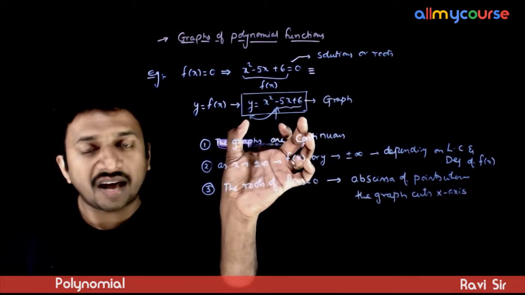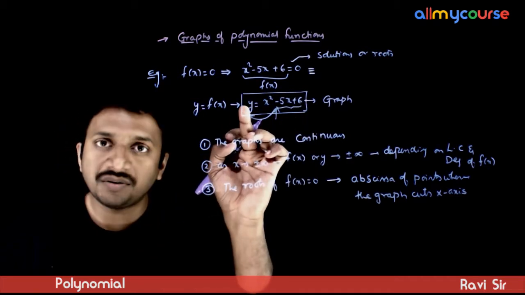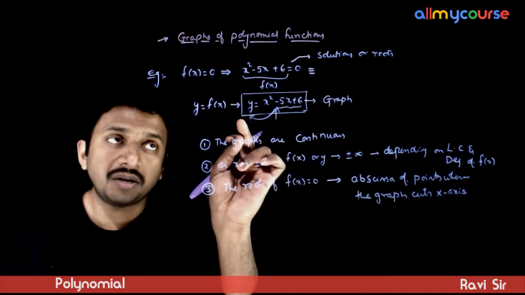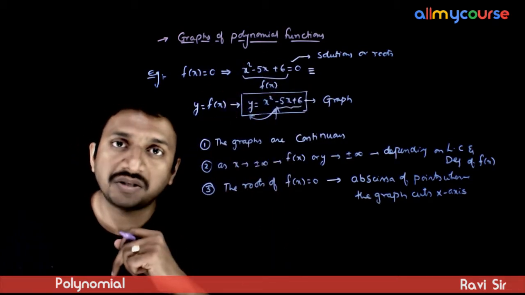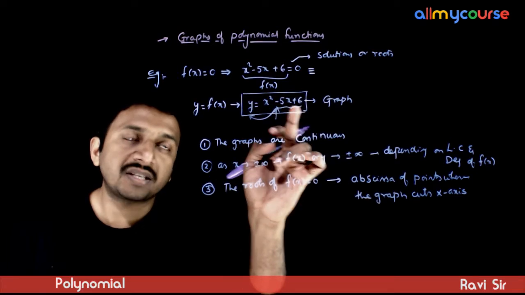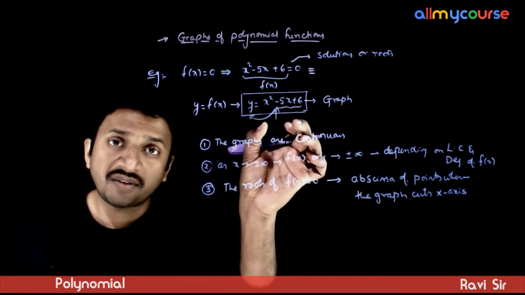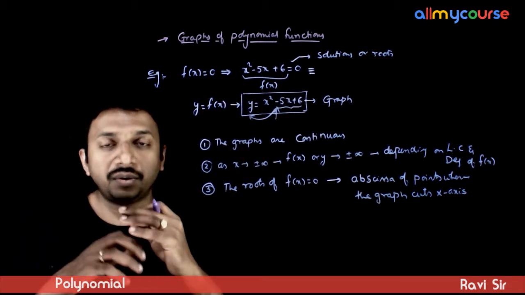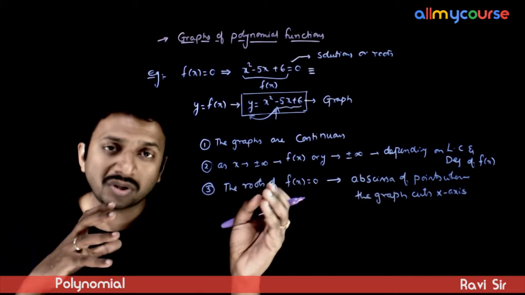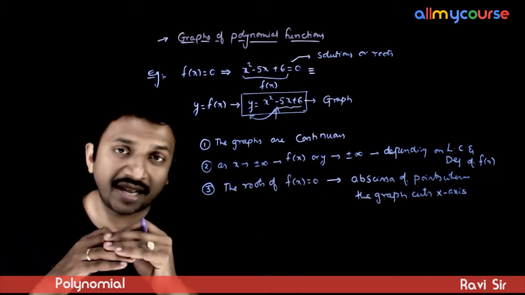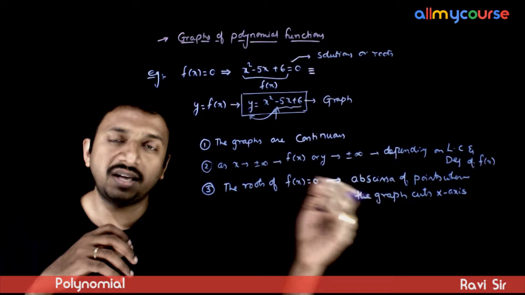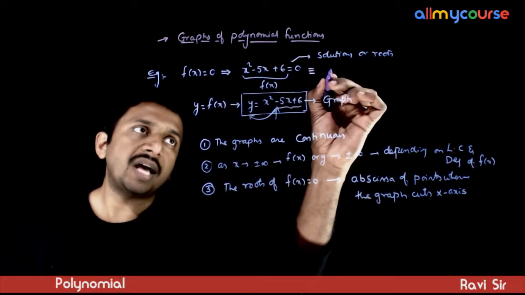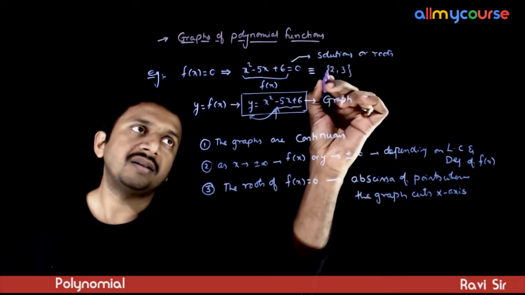Because if this graph cuts the x-axis, that means y is equal to 0, and the values of x where y is equal to 0 are nothing but the roots of this equation, x square minus 5x plus 6 is equal to 0. So wherever that happens is the solution of this equation. The roots of f of x is equal to 0 are nothing but the abscissa of the points where the graph cuts the x-axis. For example, if you take this, the roots are 2, 3.